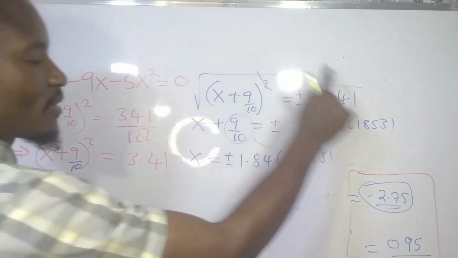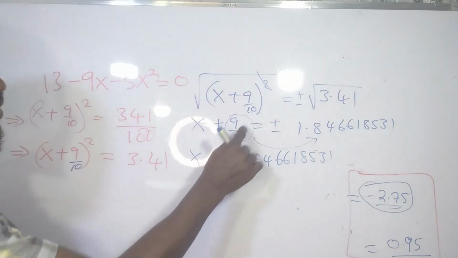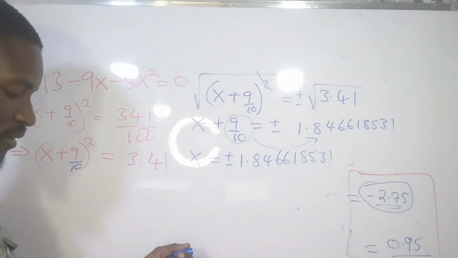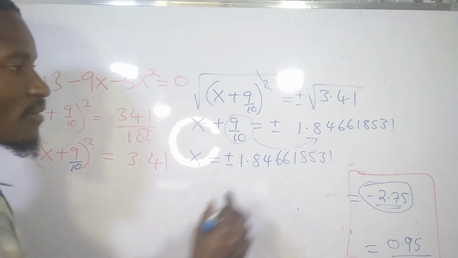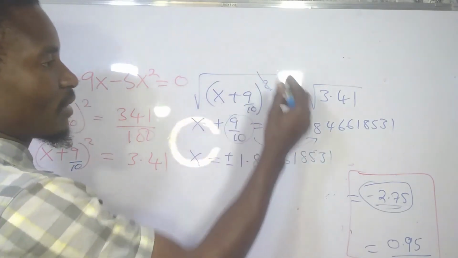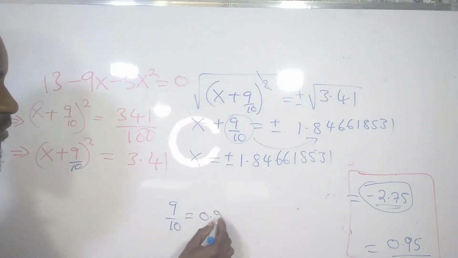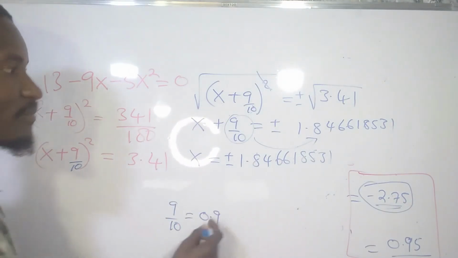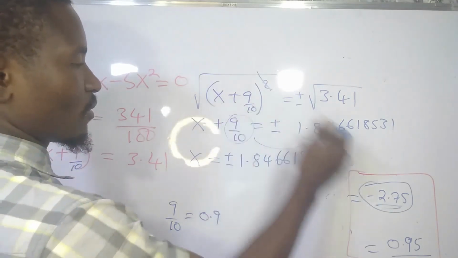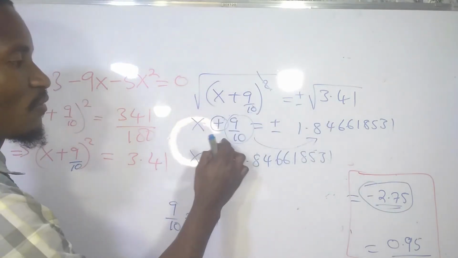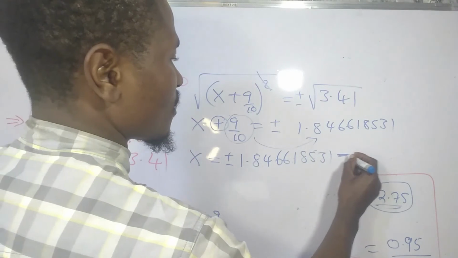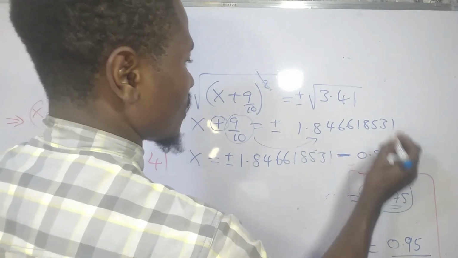When this one goes there, or you can divide, 9 over 10 is the same as saying 0.9. Once it is positive on this side and goes there, it becomes negative 0.9.